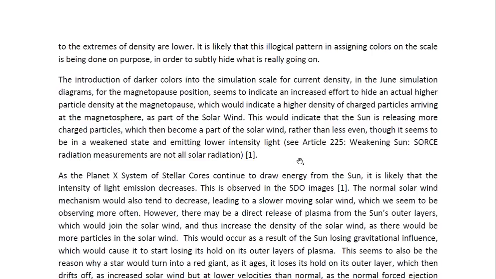This would indicate that the sun is releasing more charged particles, which then become a part of the solar wind rather than less, even though it seems to be in a weakened state and emitting low intensity light.